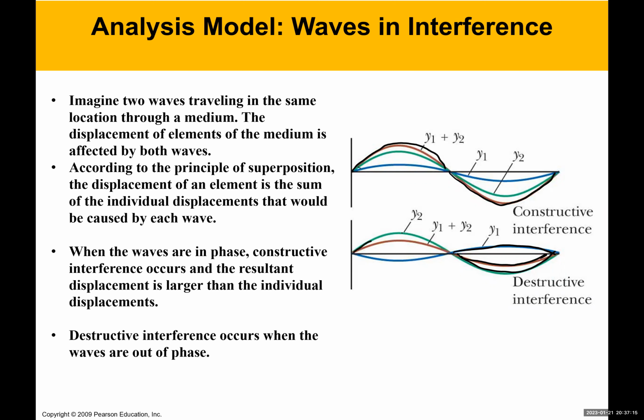Because green has a greater positive amplitude than blue has a negative amplitude, you still get constructive, but a little bit less than what you would have had if both were positive. This one is the sum of y2 and y1. It just happened that y1 was negative, so you're subtracting them to get this particular phase.